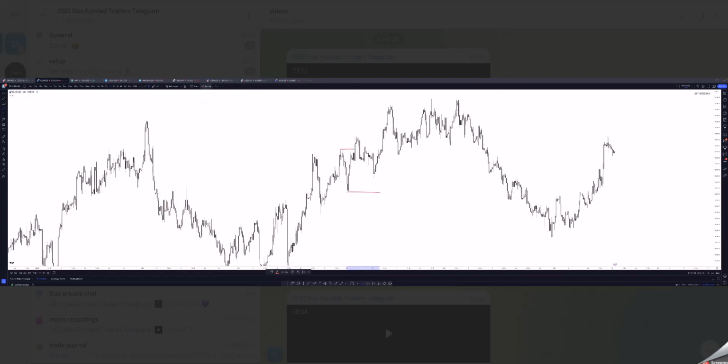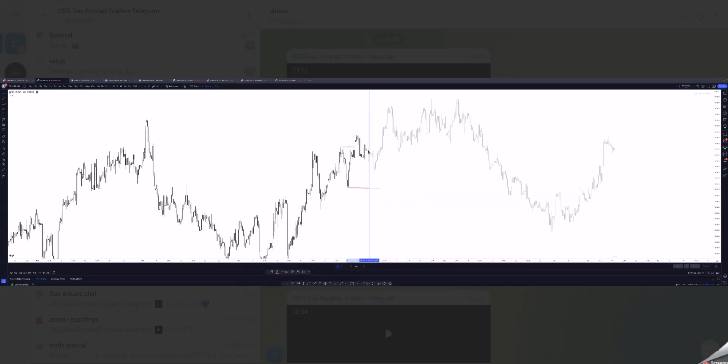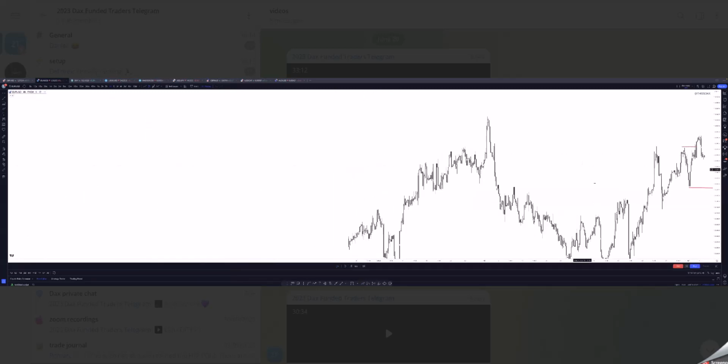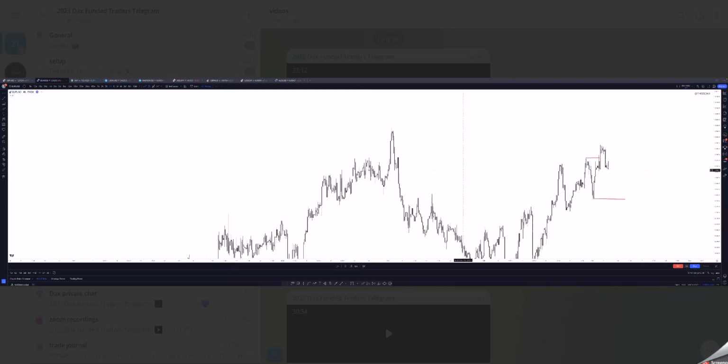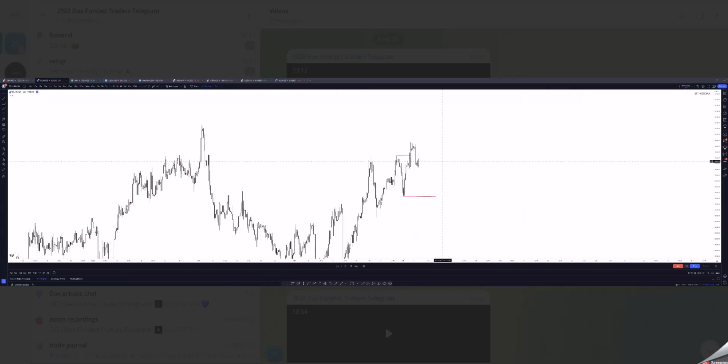Let me cut price back so we can understand what I'm talking about. Okay, good. So now, price took out this high, right? So now, where's our swing structure? This low to this high is now our swing structure, right? Which is our focus.